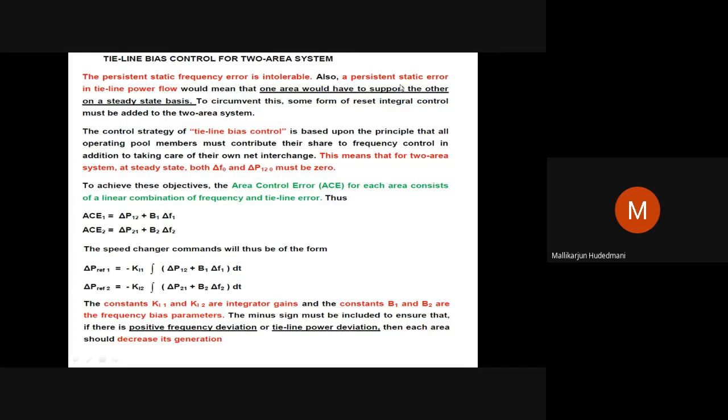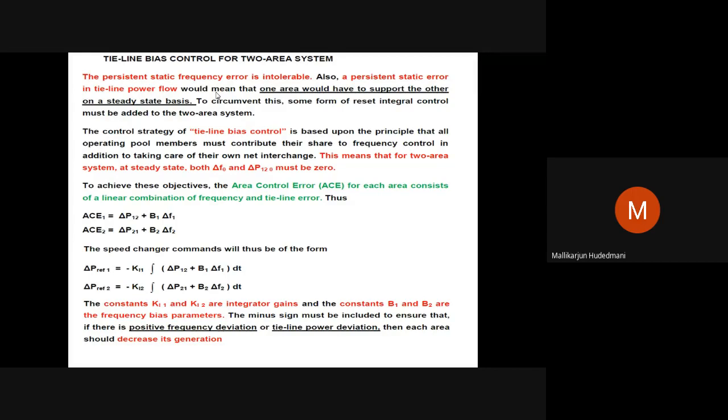Also, a persistent static error in tie-line power flow would mean one area would have to support the other on a steady state basis. Why do we put the tie lines? To trade power, to exchange power, to sell or to borrow. Therefore, when there is a need of power in one area, another area supports it by flowing power on the tie lines.